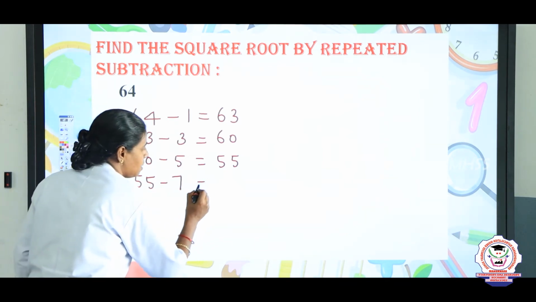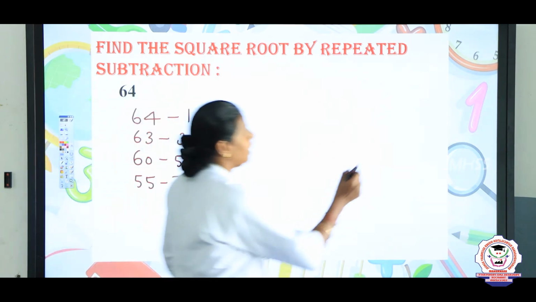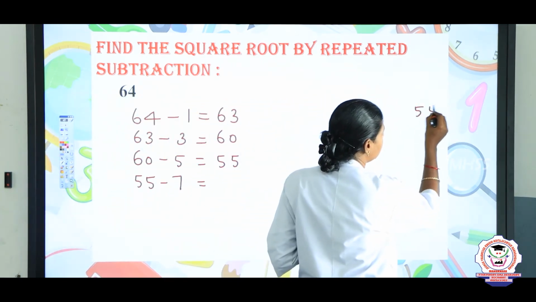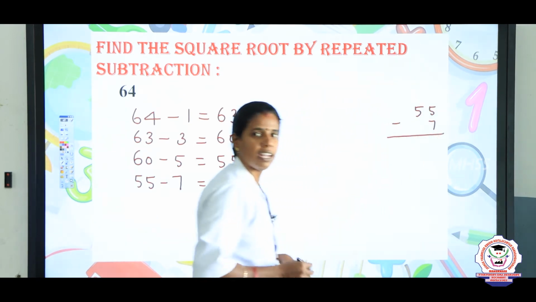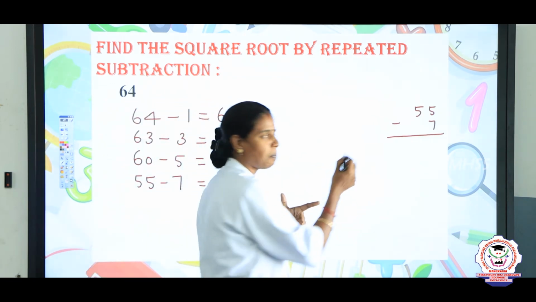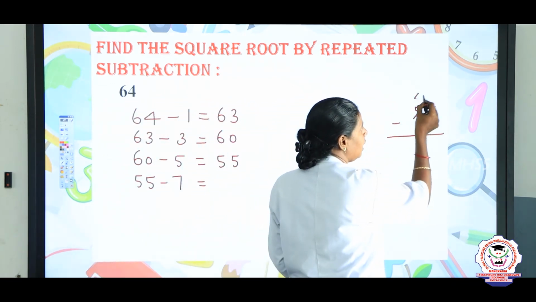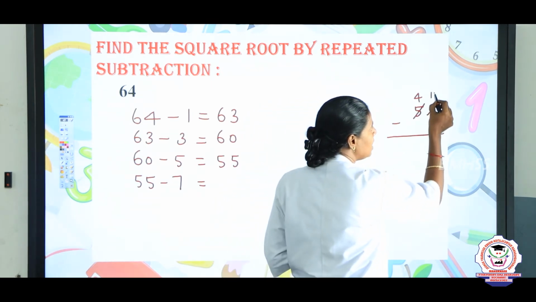7. Subtract now, 55 minus 7. You know subtraction, right? Now, subtract 5 minus 7. Is it possible to subtract? 7 is greater than 5. So, how to subtract? We will borrow from this 5. 5 will become 4. Now, this 5 will become 15.